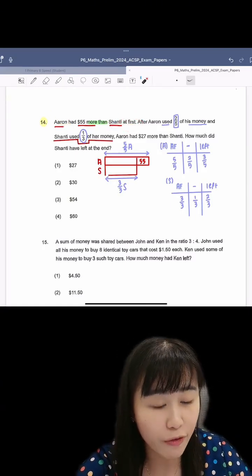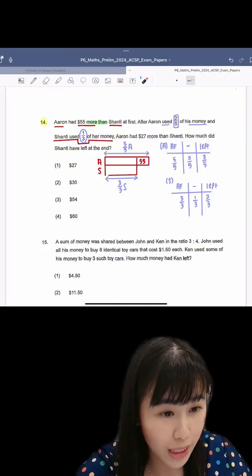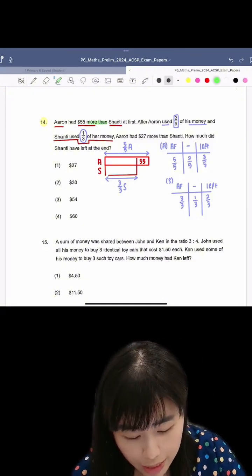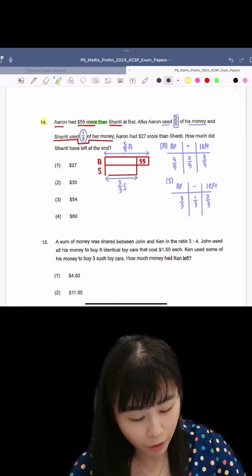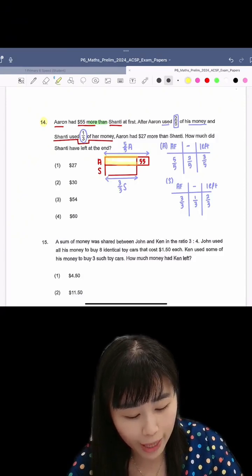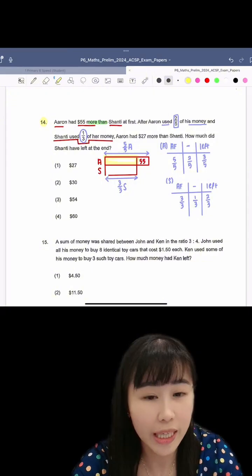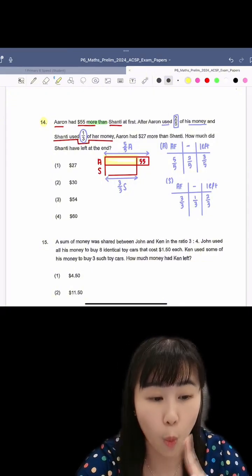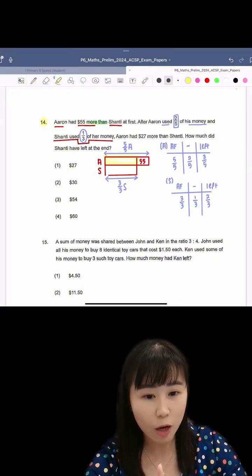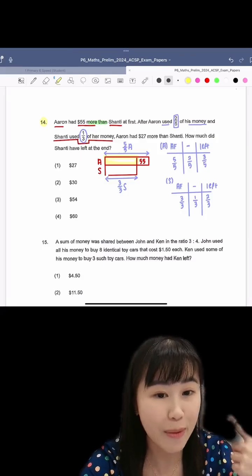Now from here, there's a very important thing that I want y'all to learn so that you can proceed with the question. I want you to think: how many units do you put in the blank part here? Usually we will put the blank part as 1 unit. But for this type of question, we will not put 1 unit, we will put something else.